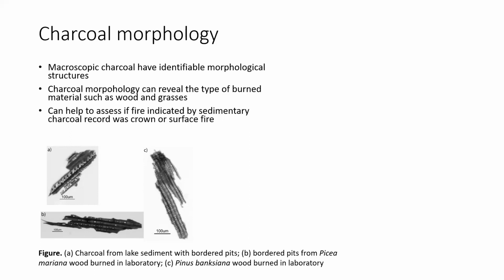So basically you can see a bit similar features. For example, there's charcoal from lake sediments here, and then there's charcoal from burned spruce and pine species that were burned in the laboratory, and then you can compare these figures.